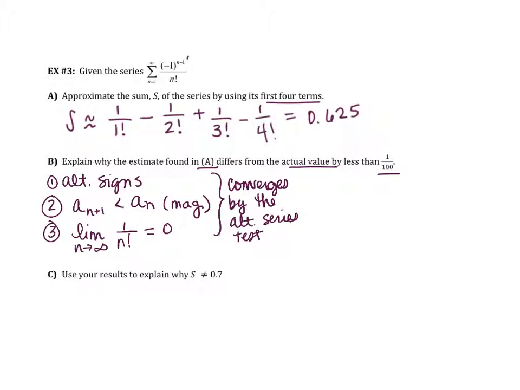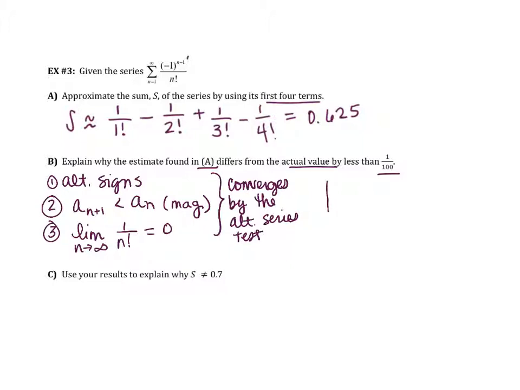Okay, so now that we have that established, we can talk about how our estimate is only going to differ by less than 1 over 100. So our remainder is going to be our 5th term. And again, all of this is in magnitude.